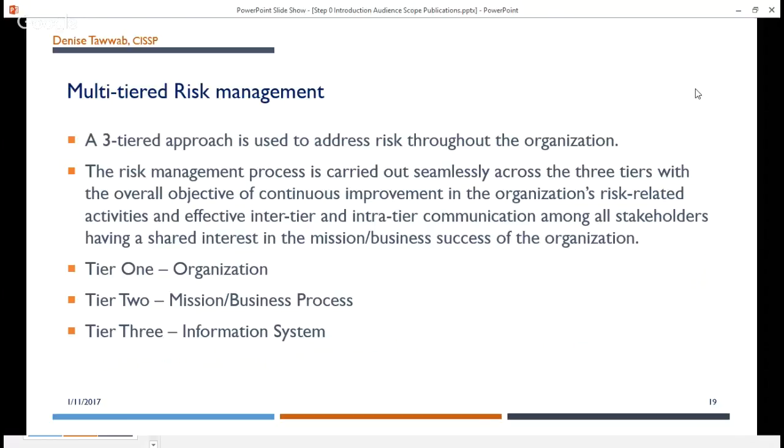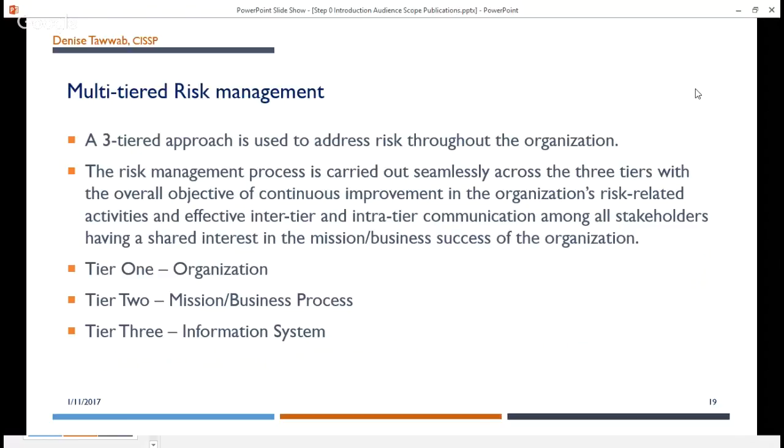The process should be carried out seamlessly across the three tiers, and the overall objective is continuous improvement in the organization's risk-related activities and communications, and to make sure that all the stakeholders are communicating with each other.